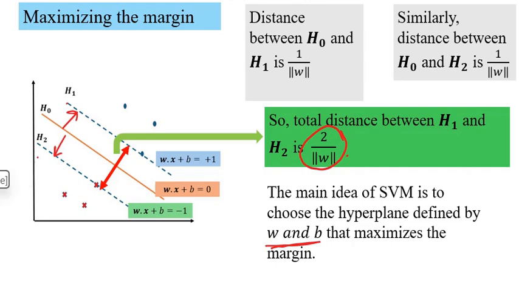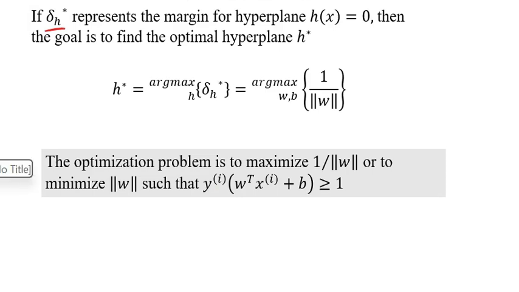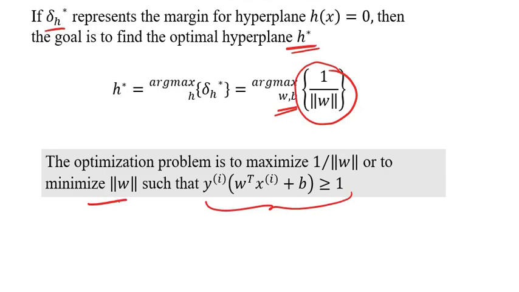This is our hypothesis, Wx plus B. Then the goal is to find the optimal hyperplane, which we represent as H star, that H which maximizes delta H star, or that combination of W and B, the weights and the bias, which maximizes this quantity 1 by norm of W. So the optimization problem is to maximize 1 by norm W or to minimize norm W, because it's the same thing, such that these are the constraints: yi (Wtxi plus B) is greater than or equal to 1.